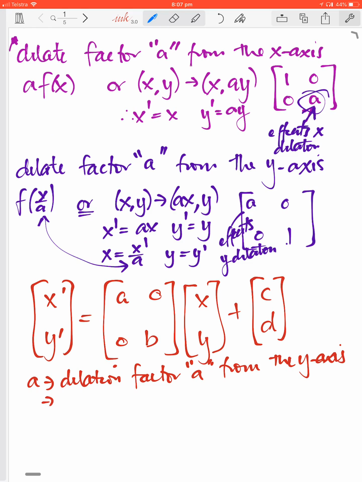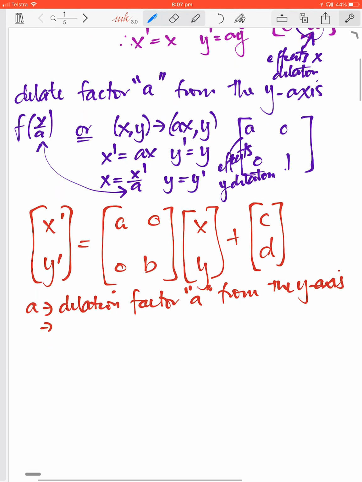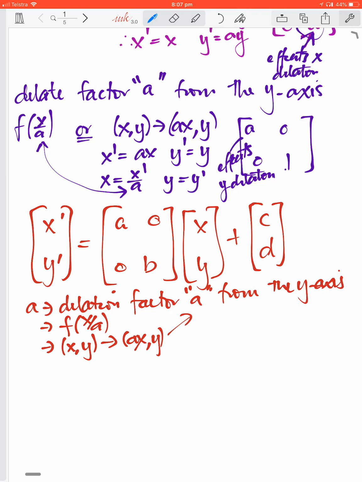In terms of function notation, that is f of x on A, because when we dilate from the y-axis, this is the reciprocal in function notation. In terms of image mapping, x, y, if I want to dilate factor A from the y-axis, all of my x values are multiplied by A, so I get ax, y.